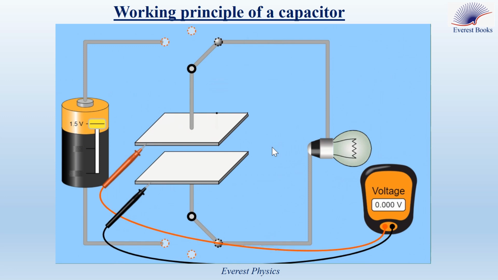And also we observe that the potential difference between the two plates decreases to zero, and the charge finally becomes zero, because the excess of electrons on the lower plate of the capacitor transfer through the lamp to the upper plate of the capacitor. So finally the charge on each plate becomes zero and the voltage becomes zero, so the lamp dies out. This phenomenon is called discharging of the capacitor.